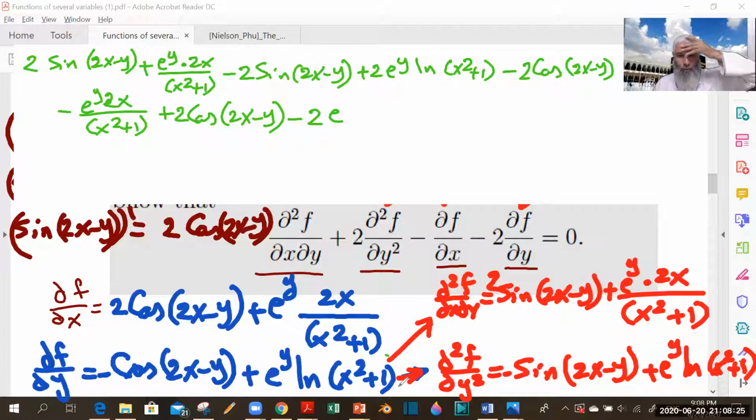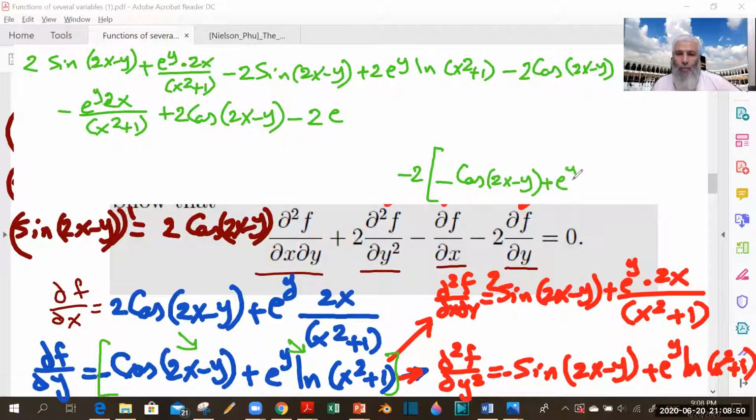The minus 2 is multiplied with everything in the bracket, cosine(2x minus y) plus e^y ln(x squared plus 1): it is multiplied separately to cosine and separately to e^y.